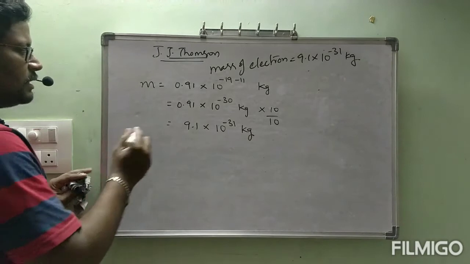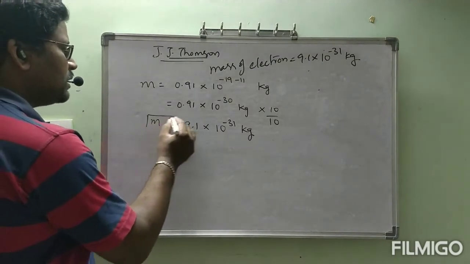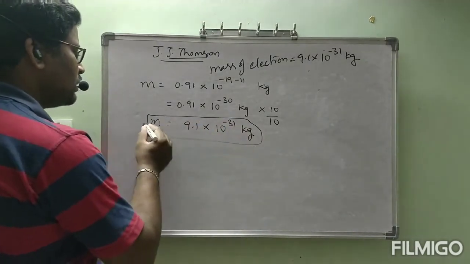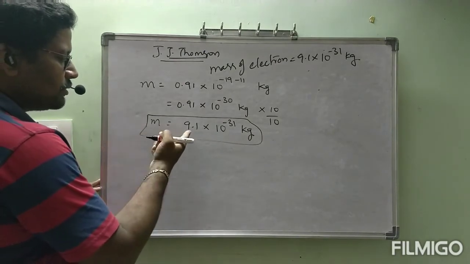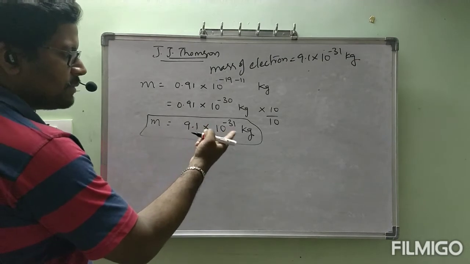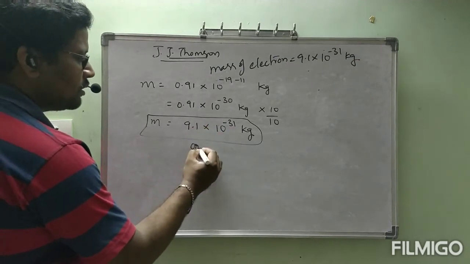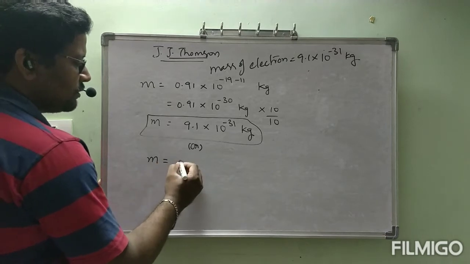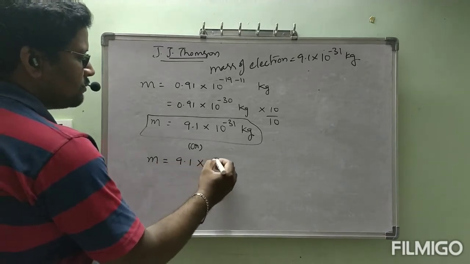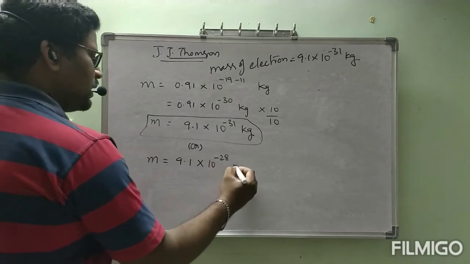In this way, we finally calculated the mass of electron. Mass of electron is 9.1 into 10 power minus 31 kilograms, or in grams, 9.1 into 10 power minus 28 grams.